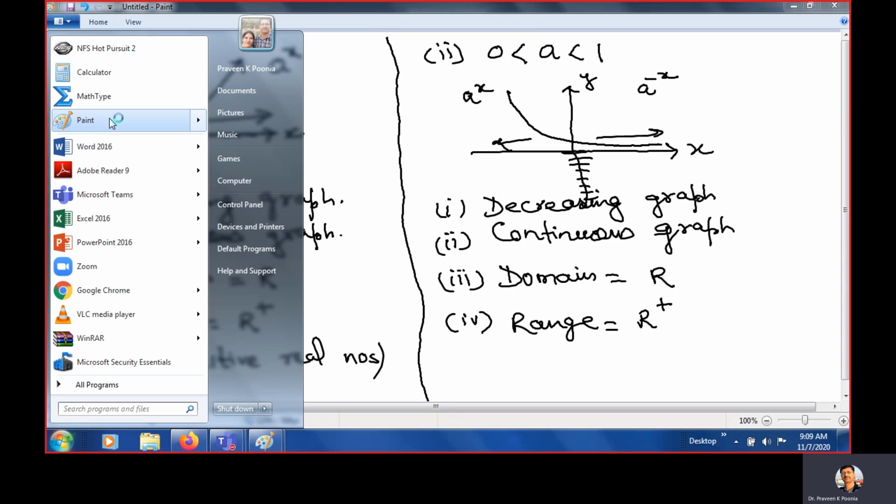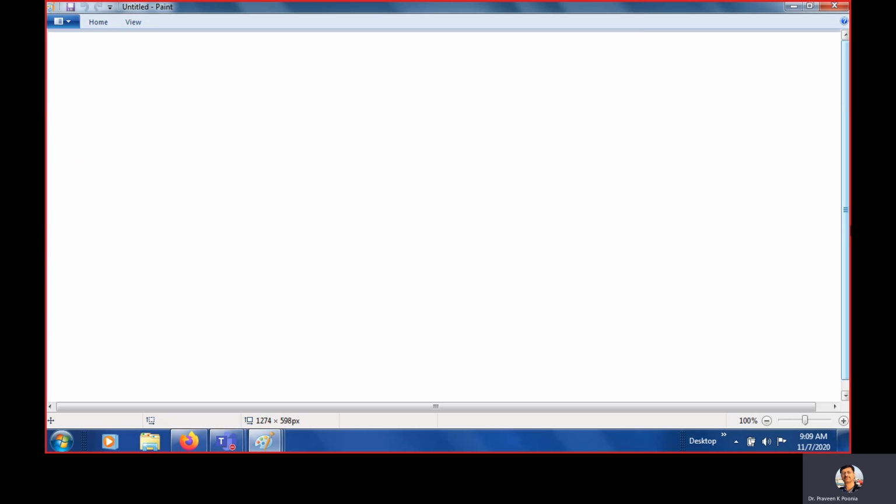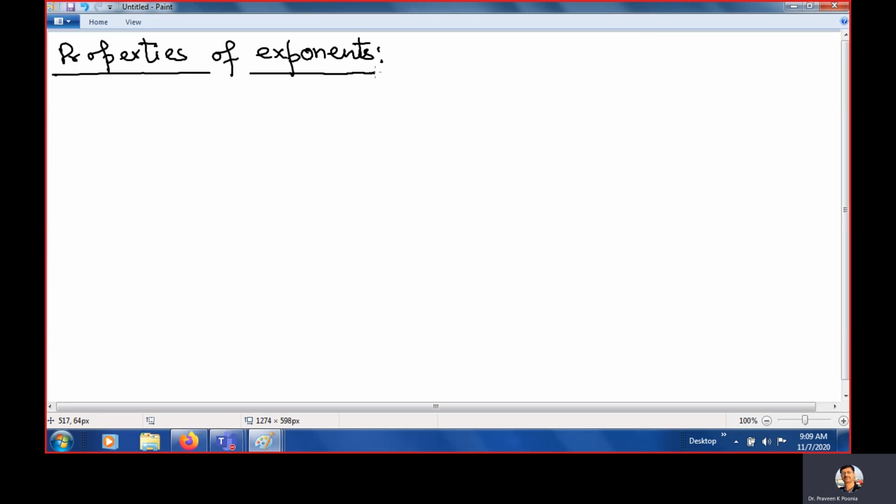Okay. So before we start the questions based on the exponential function, we need to study the properties of exponents, properties of powers. What are the properties of exponents? If we see a power x, clear?